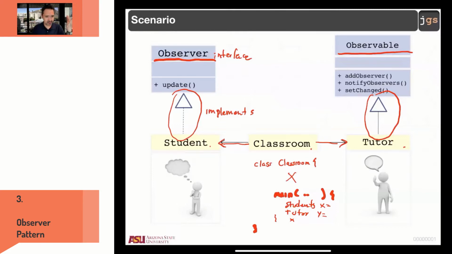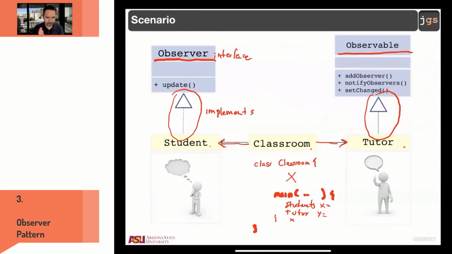The template in the book calls it subject. Java prefers Observable. It's the same, with different names. Moreover, in Java, Observable is not going to be an interface. Observable is going to be a class, an abstract class, still a class.